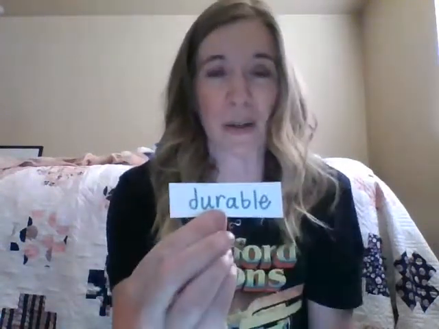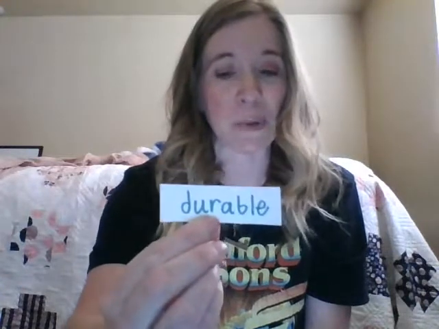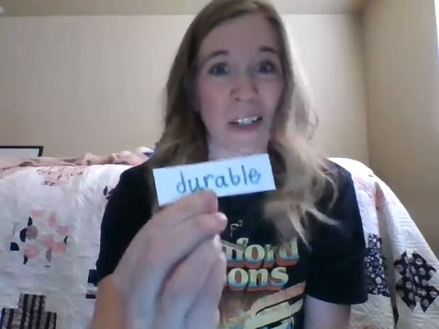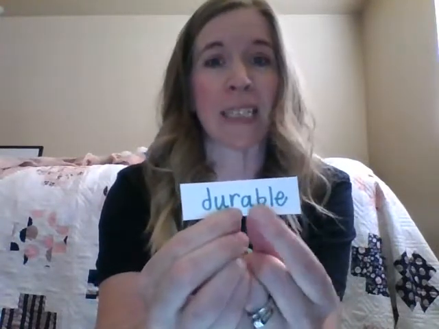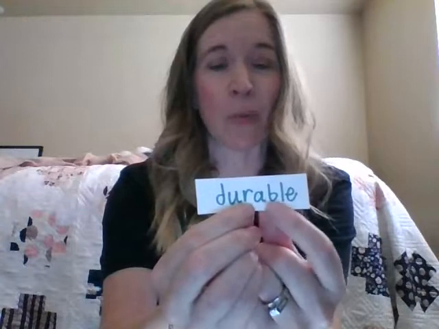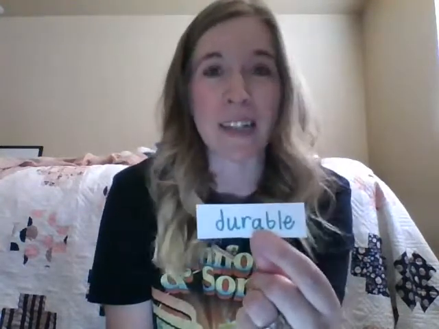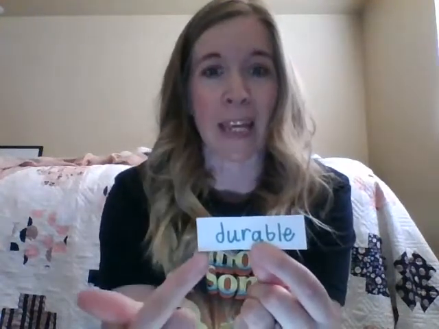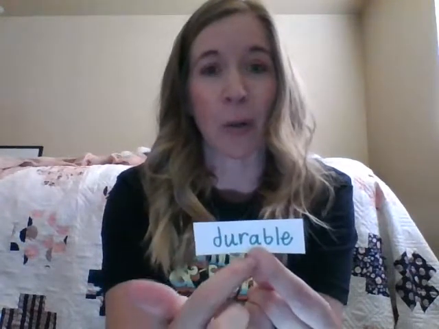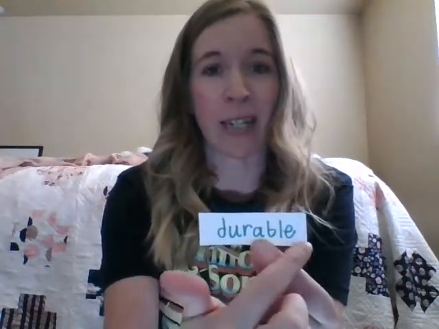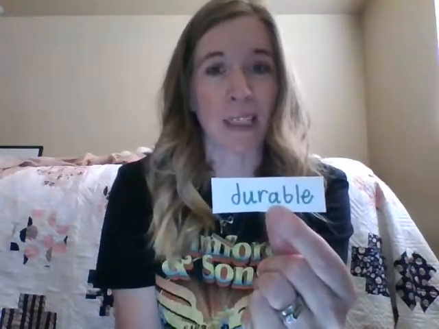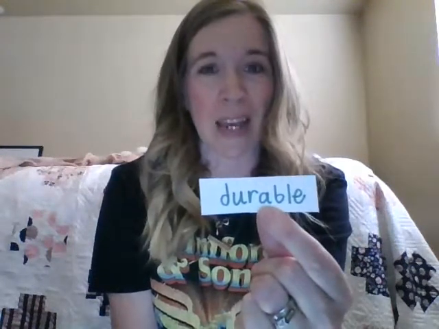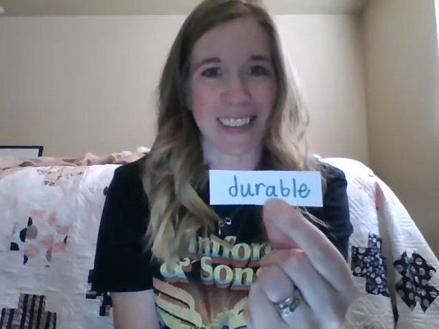But if we have a word like durable, it's not always easy to recognize a base word because there is not a base word in this one that we know.